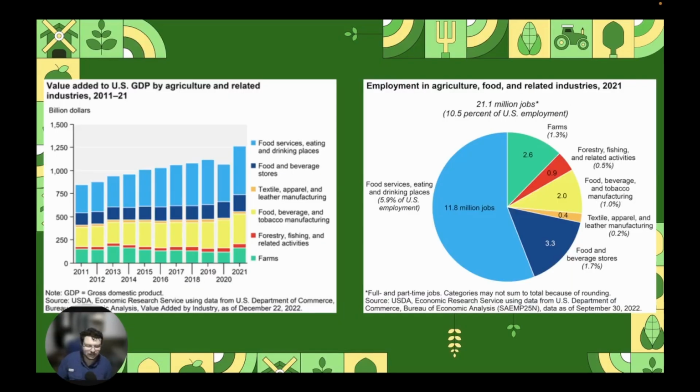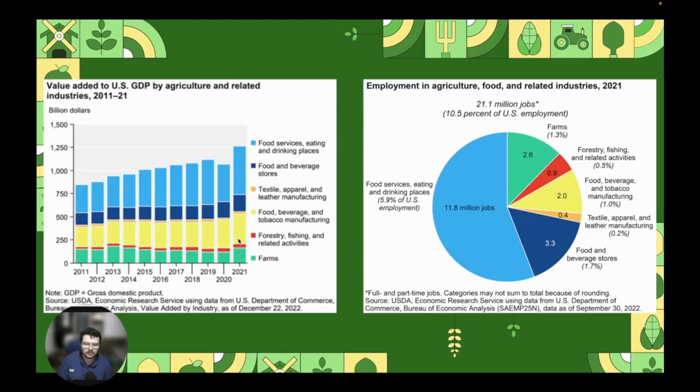Now, when we actually look at the U.S.'s industrial comparison by our total economic value, what we see over here on the left is that farms only make up a small portion of our total GDP, or total gross domestic product, for the entire United States, about maybe $150 million. Forestry makes up a really tiny part.